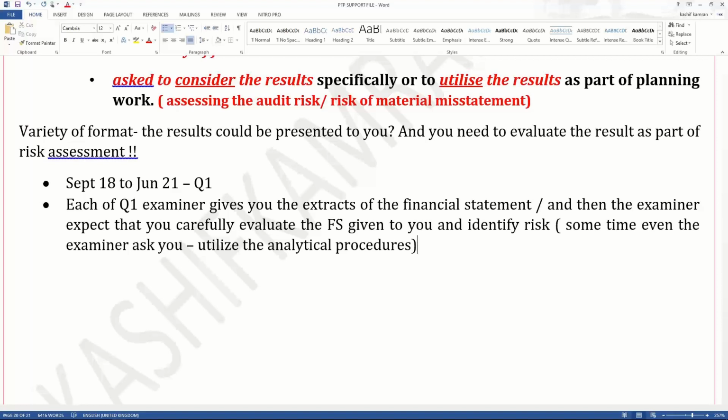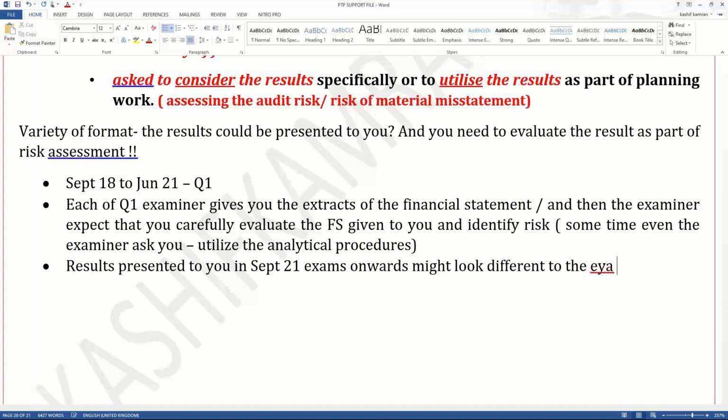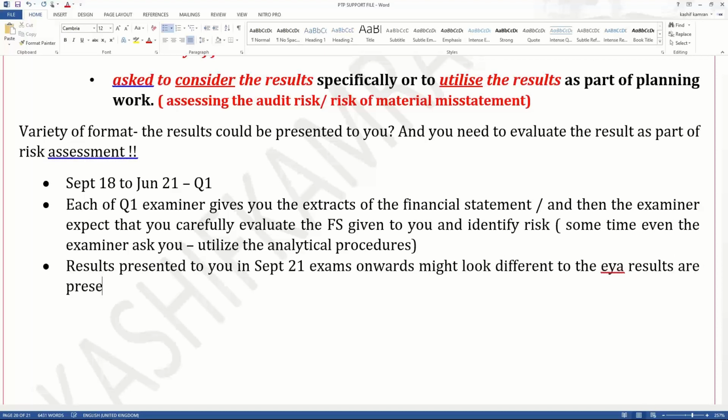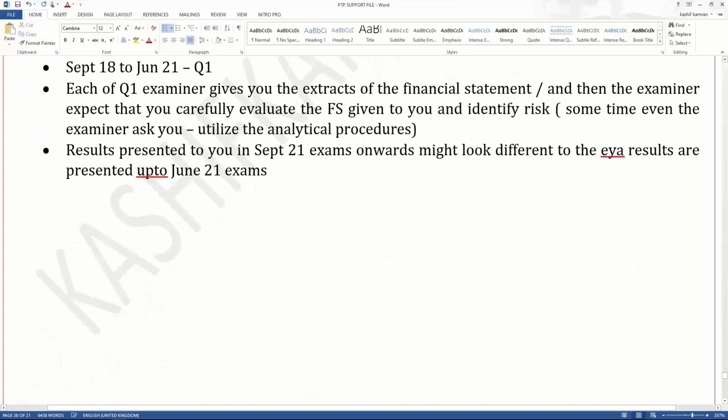So that means the results presented to you in September 21 exams onwards might look different to the way results are presented up to June 21 exams. Am I right? Is everyone clear with that?